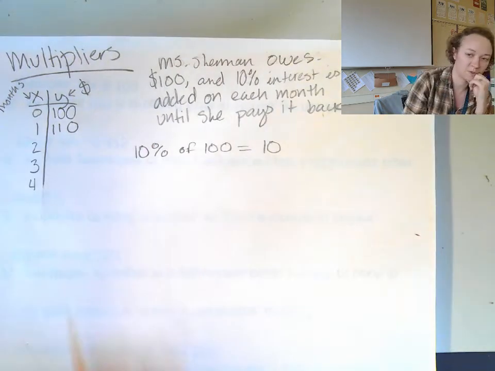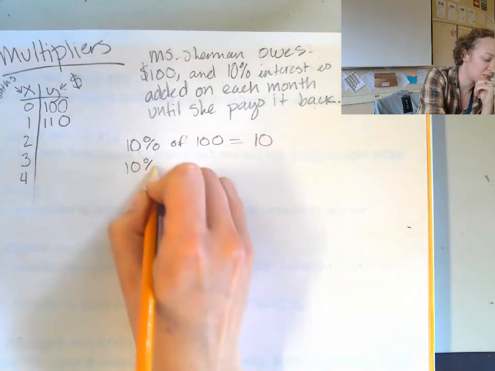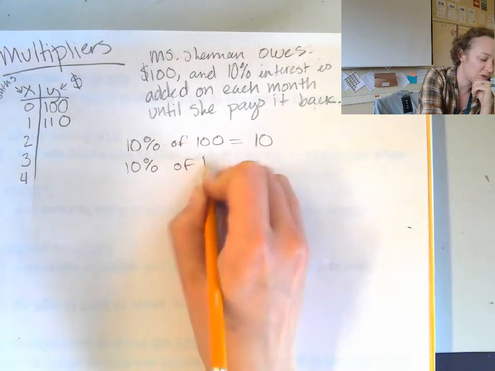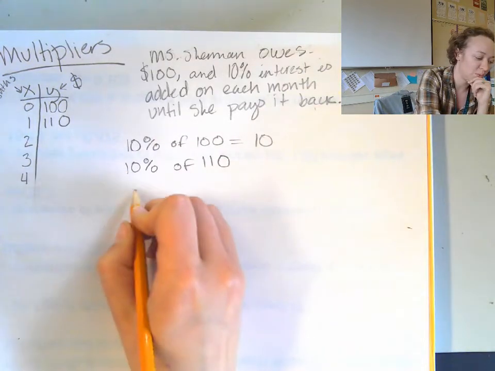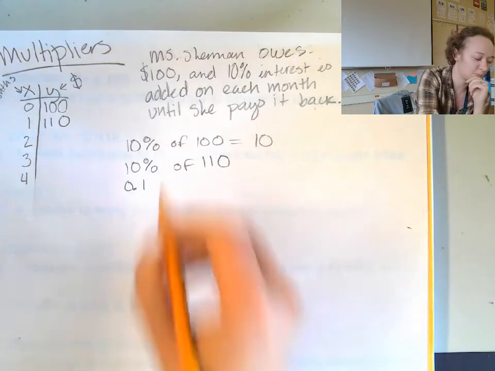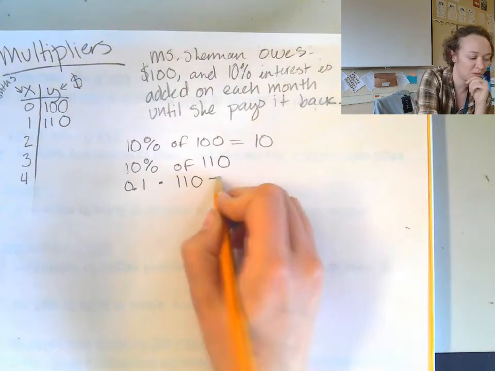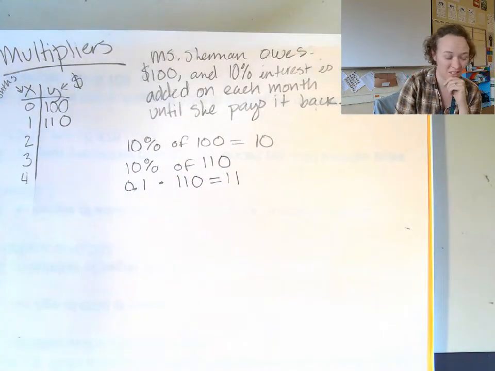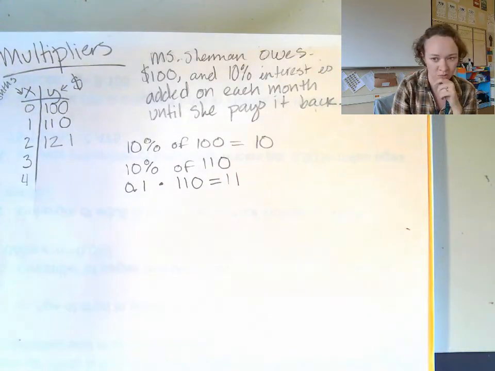Okay, next month goes by, I still don't pay it off. So now I need to calculate 10% of 110. Well, 10%, that's like 0.1, right? Times 110 would give me 11. So now I need to add $11 on, 121 now.